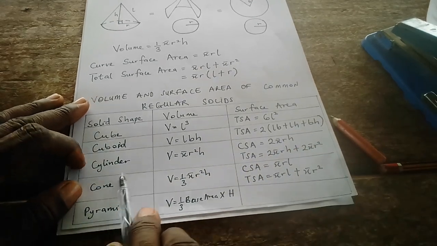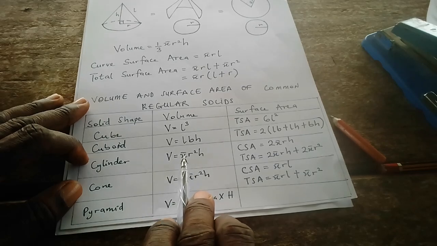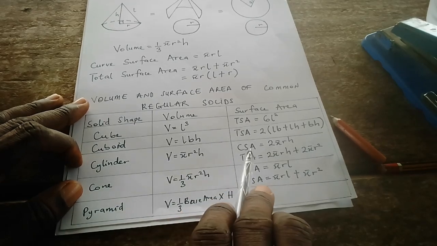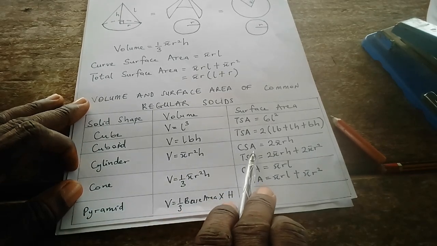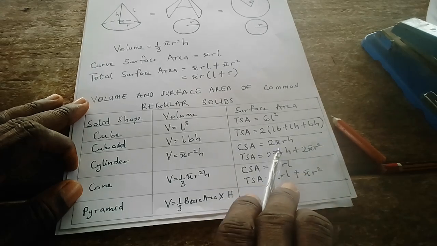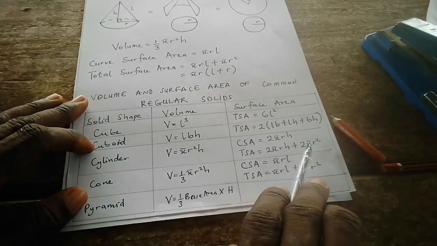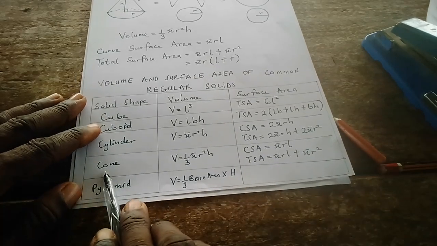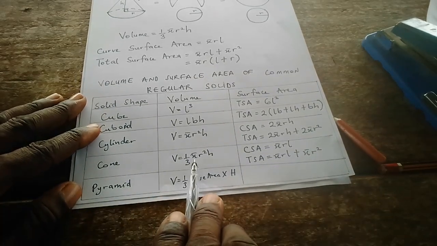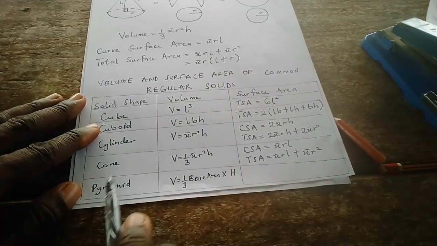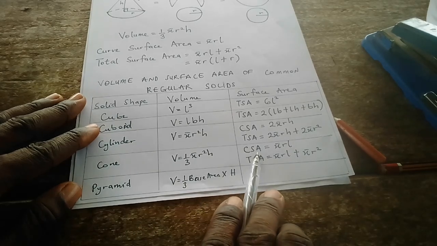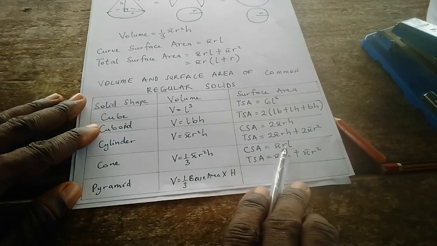Then that of the cylinder, volume is what? Pi r squared h. The curved surface area of the cylinder is 2 pi r h. Then total surface area of the cylinder is 2 pi r h plus 2 pi r squared. That of the cone, we have volume is 1/3 pi r squared h. The curved surface area of the cone is pi rl.